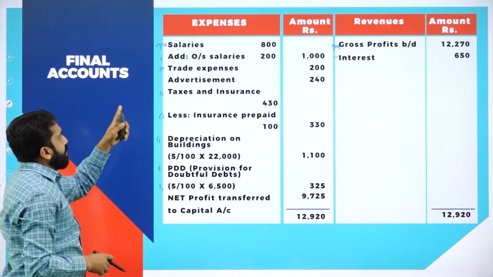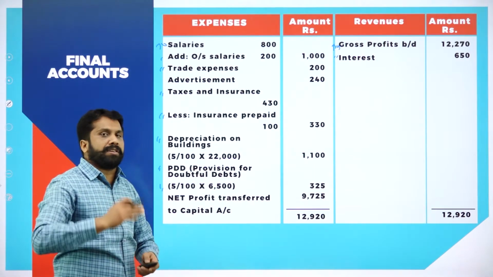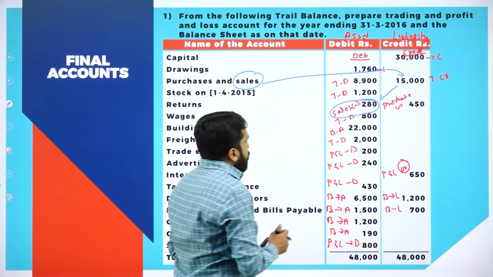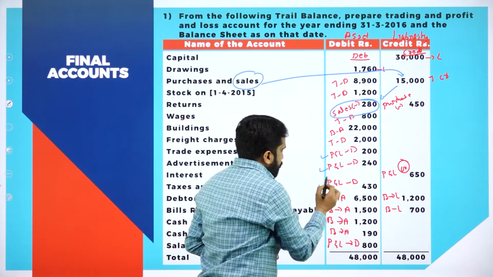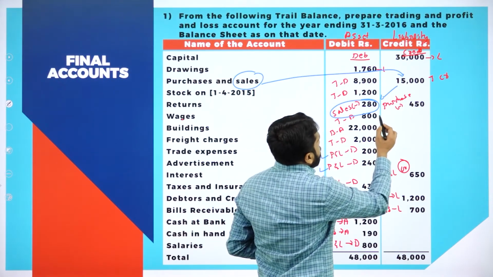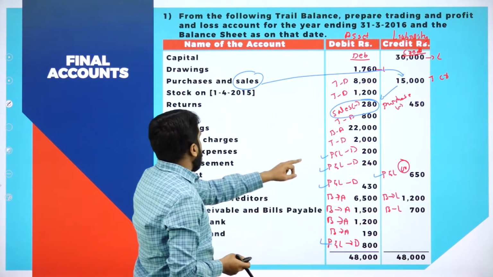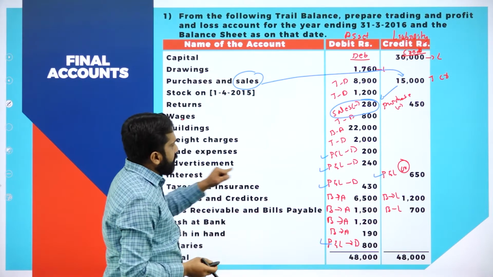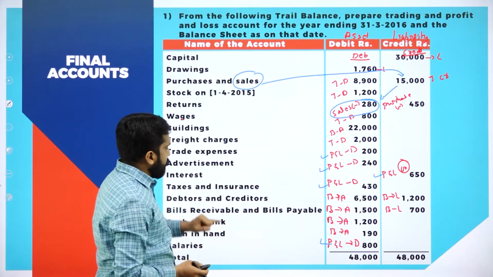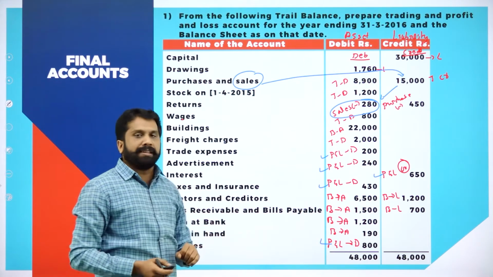Now, what are the expenses we have? I'll go back to your question. See, wherever you have P&L, then we have P&L. Here also P&L. Then which are the P&L we have? We have trade expenses, advertisement, interest, tax and insurance. Then we have salaries.